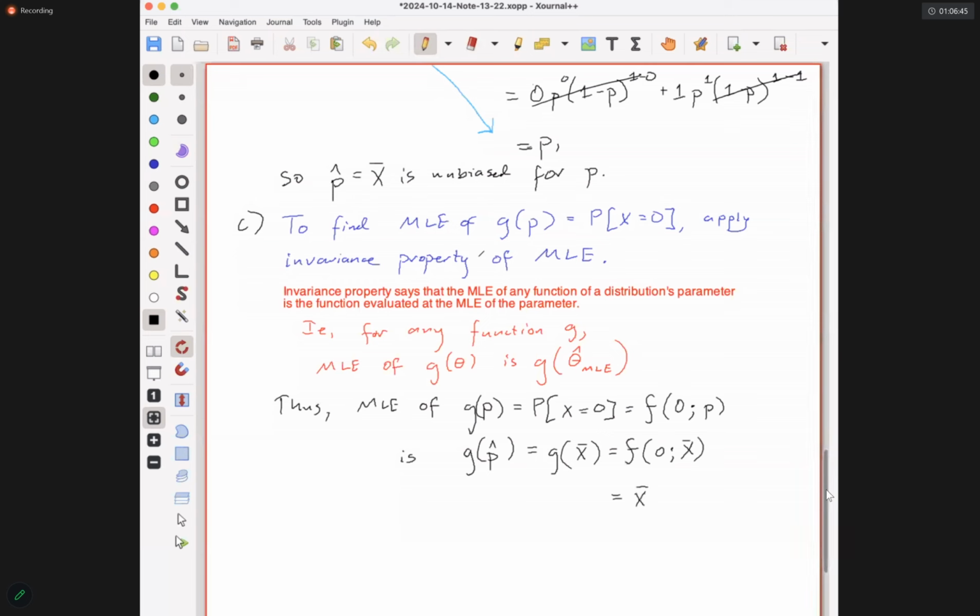So we plug in x bar instead of p, and we plug in 0 for x. And so this is equal to just 1 minus x bar. Does that make sense?